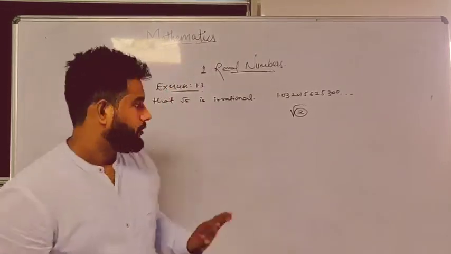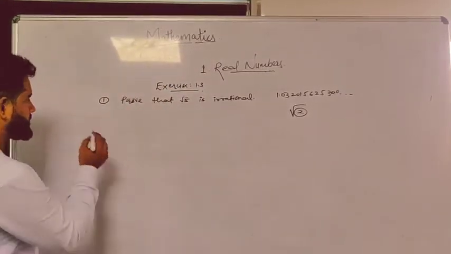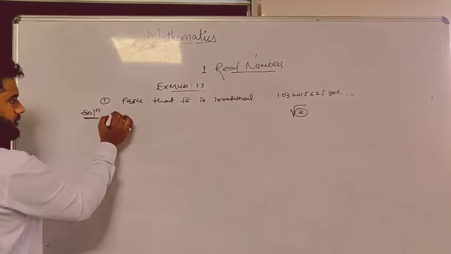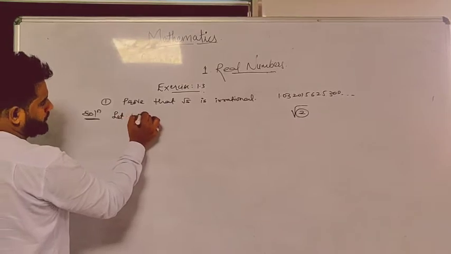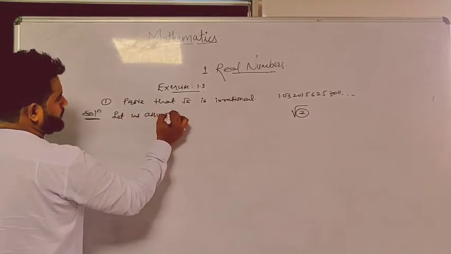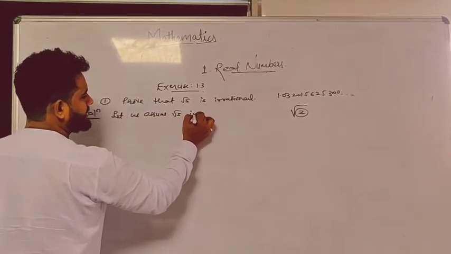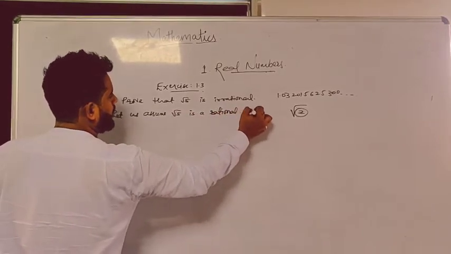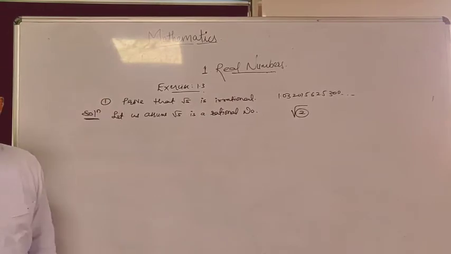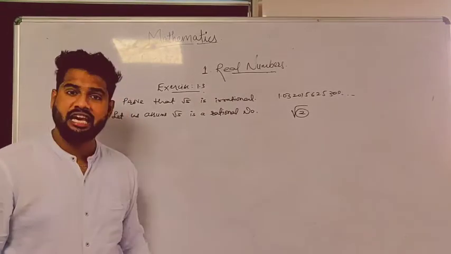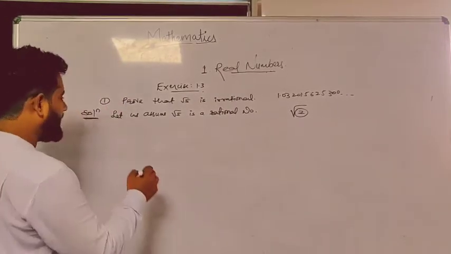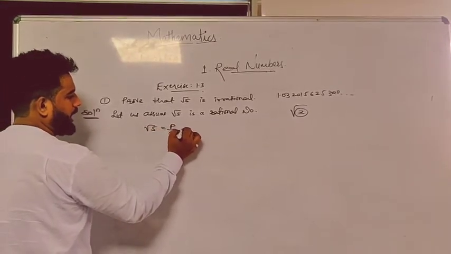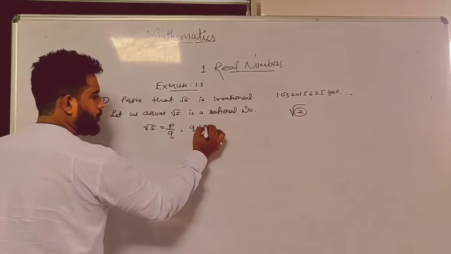So let us start. First of all, what is the step you have to do in the solution? Let us assume root 5 is a rational number. So if you have considered root 5 as a rational number, can I write root 5 is equal to p by q, and q should not be equal to 0?